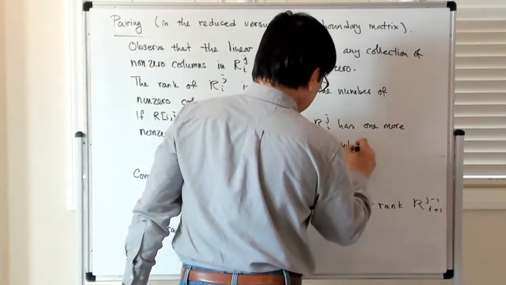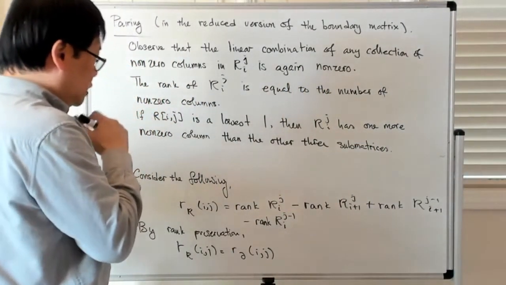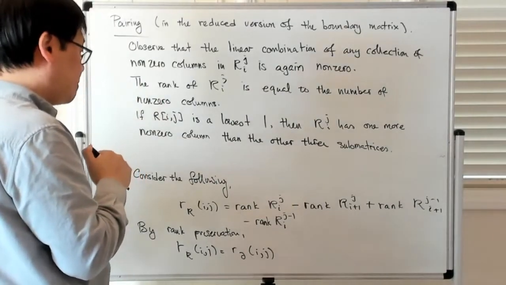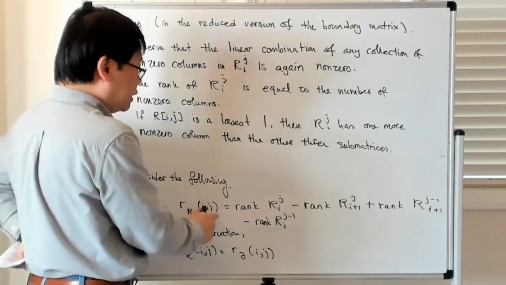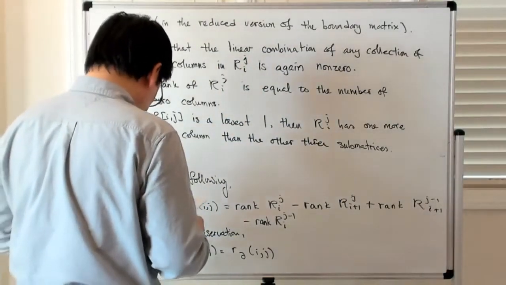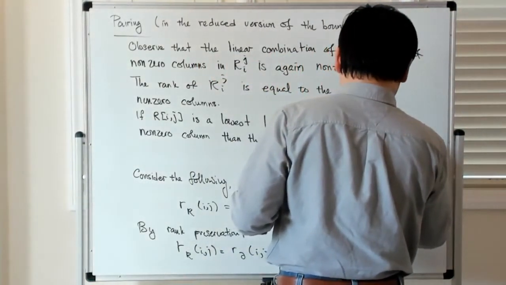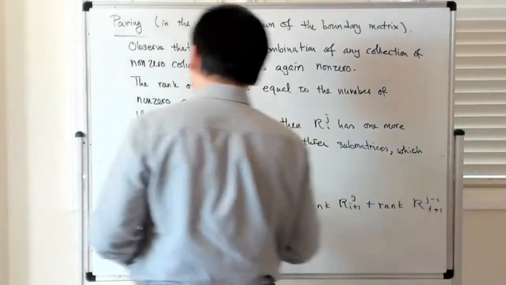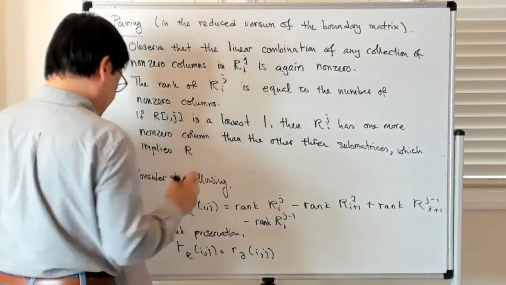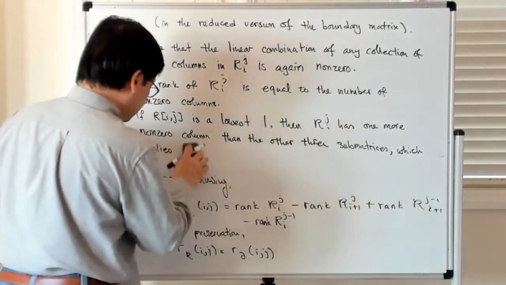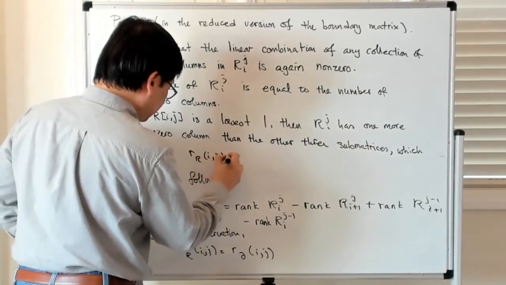So it's one more. And essentially then what will happen is that r_ij is going to be 1.